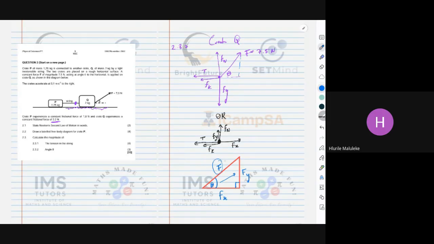F is already known to us, which is 7.5 newtons. So we can use sine to get this Fy, right? So it's going to be Fy over F. So that means Fy is going to be, cross multiply, F sine theta. Do you see it?